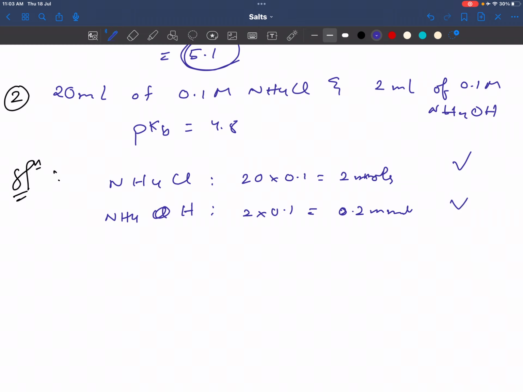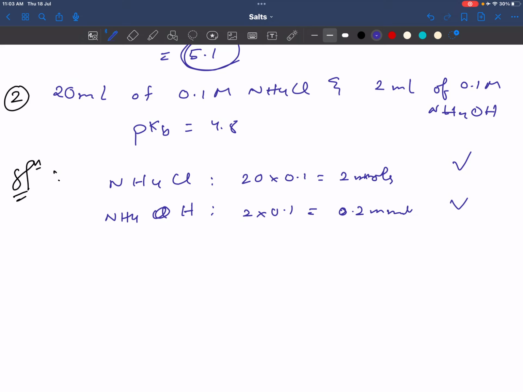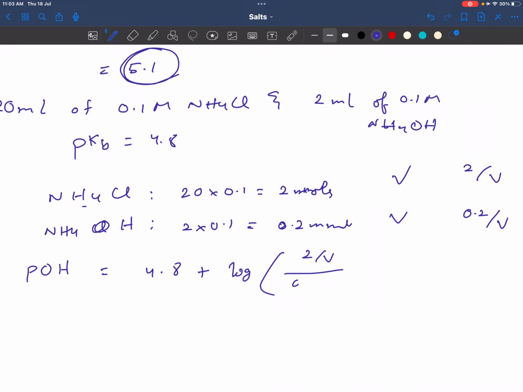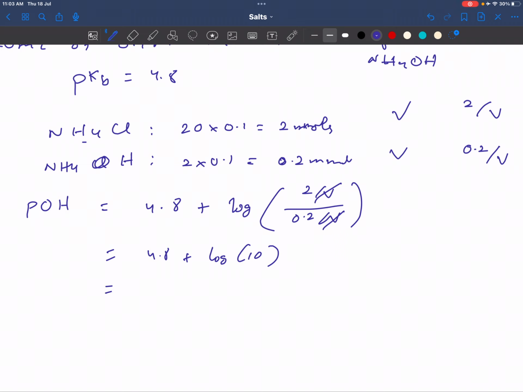And finally, since they are mixed, the volume of the solution is same for both, and we can find the concentrations by dividing like so, 0.2 by V. Now we know from Henderson's equation, POH equal to pKb, which is 4.8, plus log salt, NH4Cl, 2 by V, by 0.2 by V. V cancelled. 4.8 plus log 10. 2 divided by 0.2 is 10, so it equals 4.8 plus 1, which is 5.8.